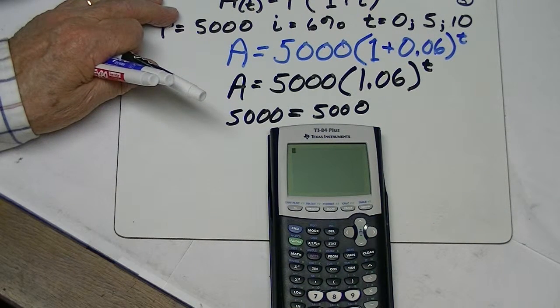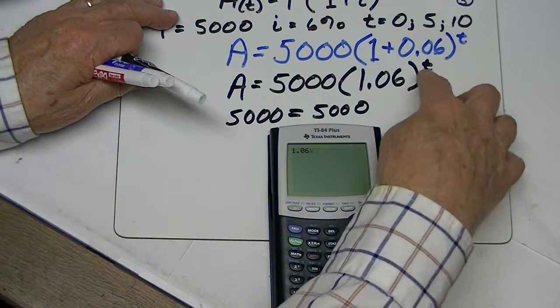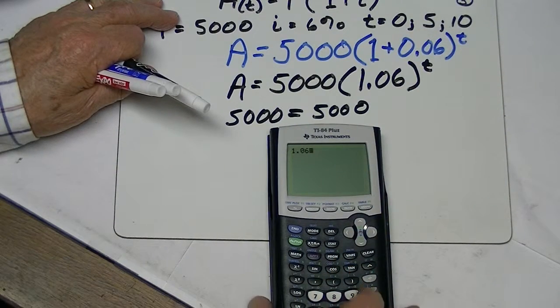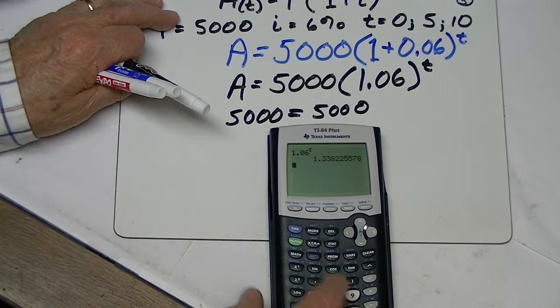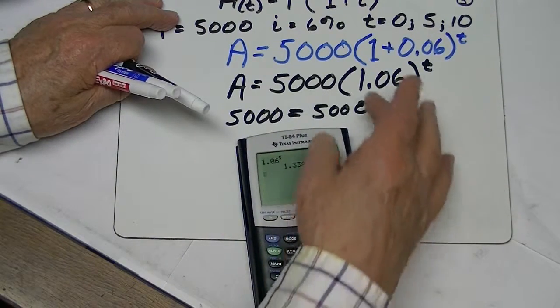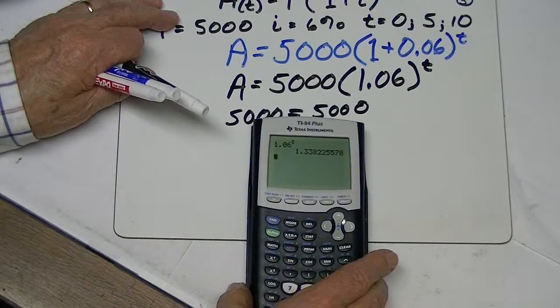So we go our 1.06 that we now want to raise to the 5th power. So we put in our caret, 5, and then we hit enter, and that gives us what our value of this will be.